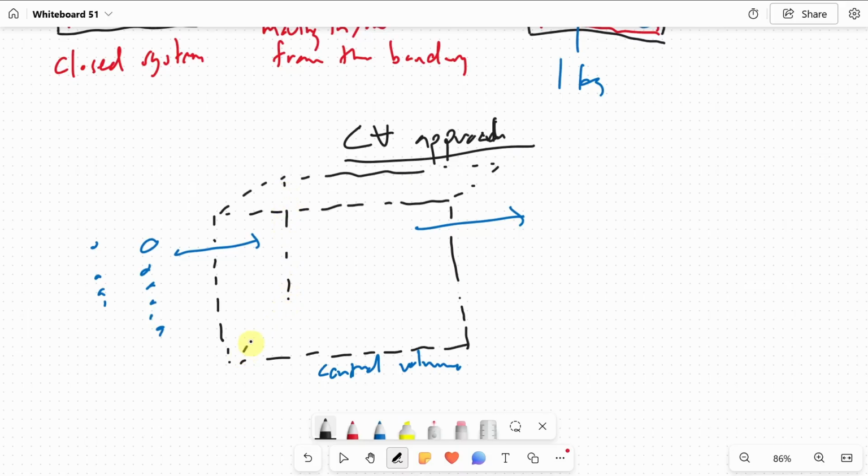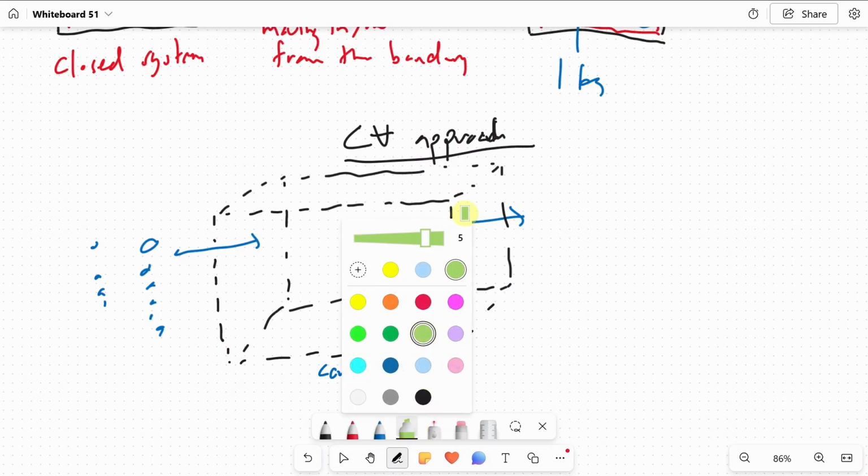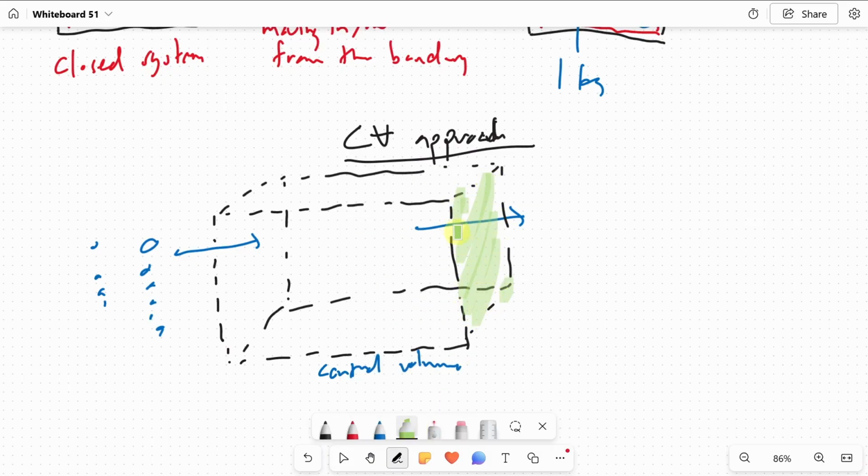For example, this is a control volume. And then each surface of it is what we call a control surface, or CS. So we have control volume and control surface. And then we have mass that can come in and out of the control volume from any of the surfaces. So this is mass coming in and mass going out.